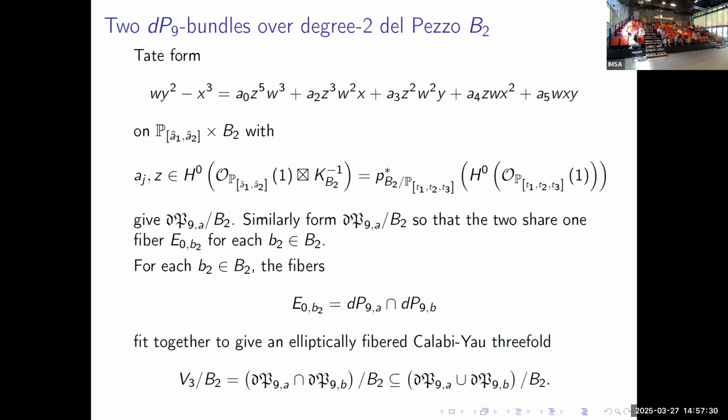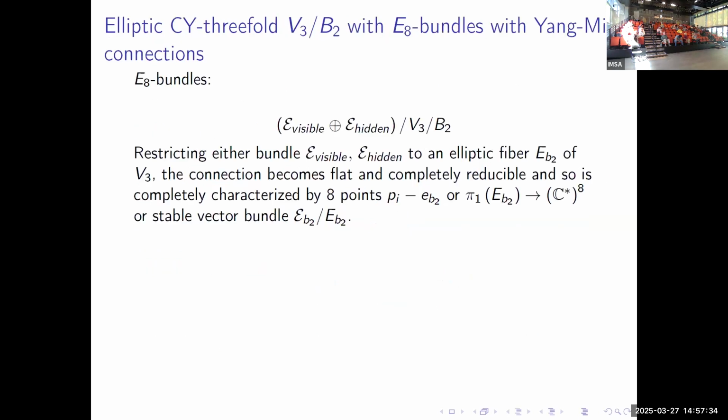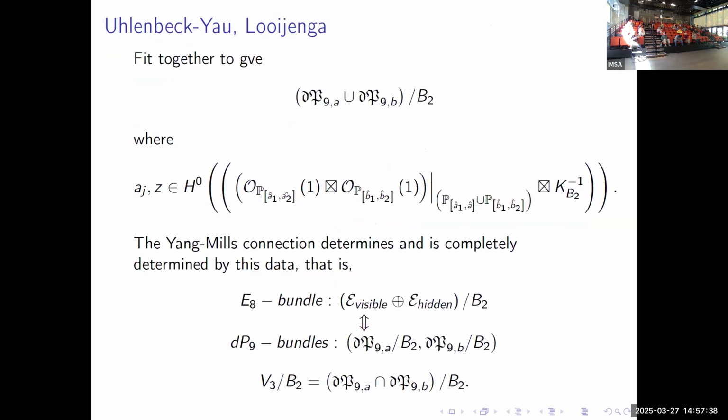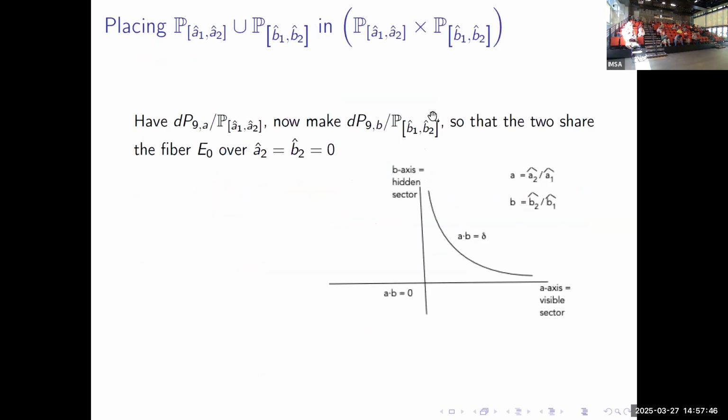Okay, so now you just put all the DP9s and unions of the DP9s together, and you come up with something fibered over our B2.